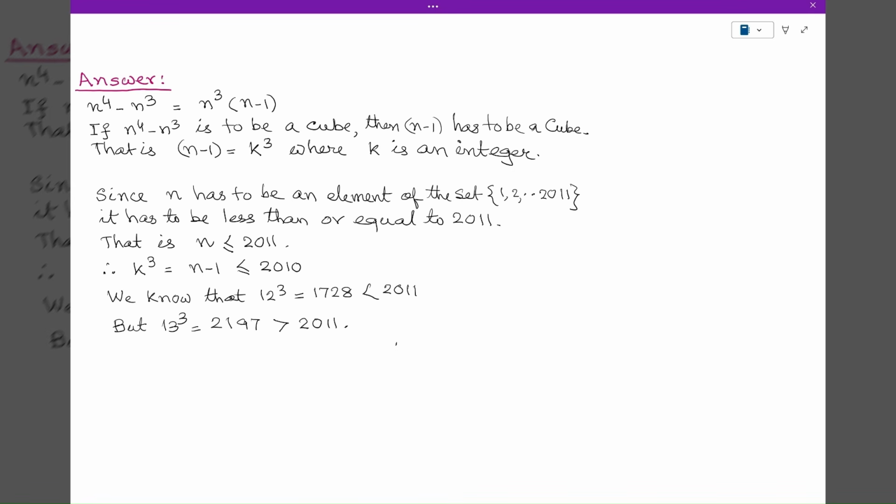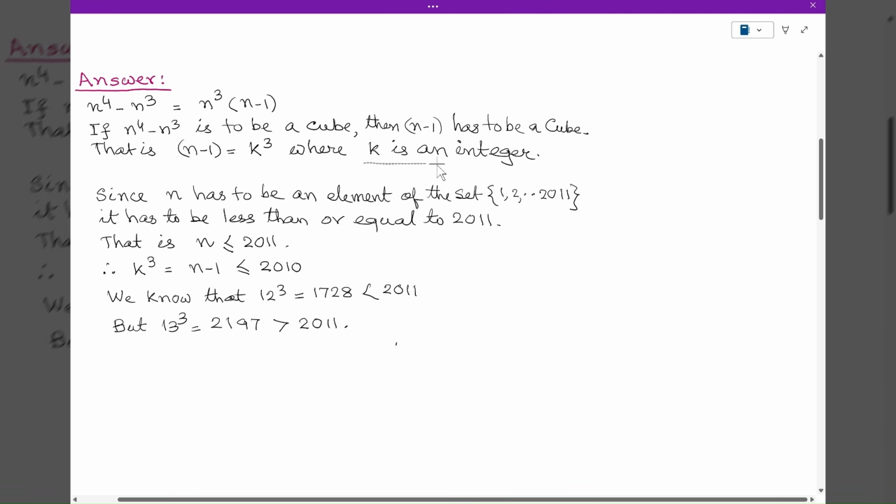If n^4 - n^3 is to be a cube, then n - 1 has to be a cube also, because n^3 is already a cube. That is, n - 1 should be equal to k^3, where k is an integer.